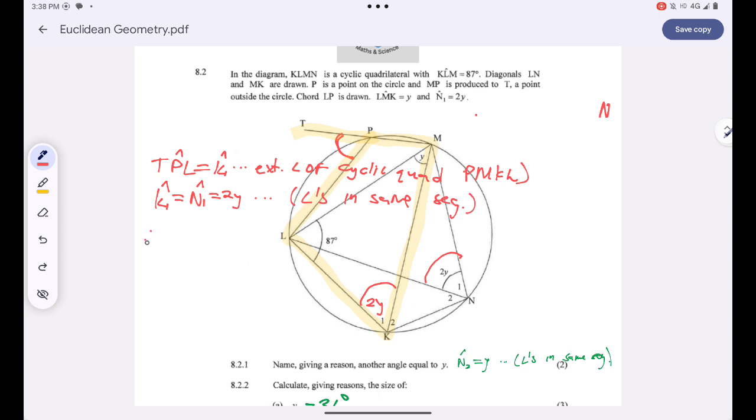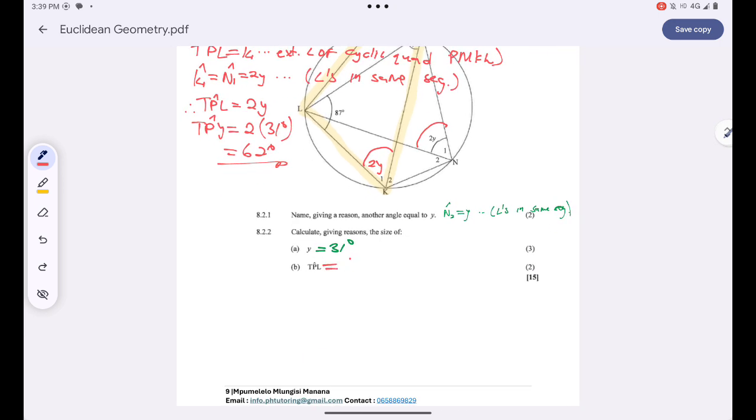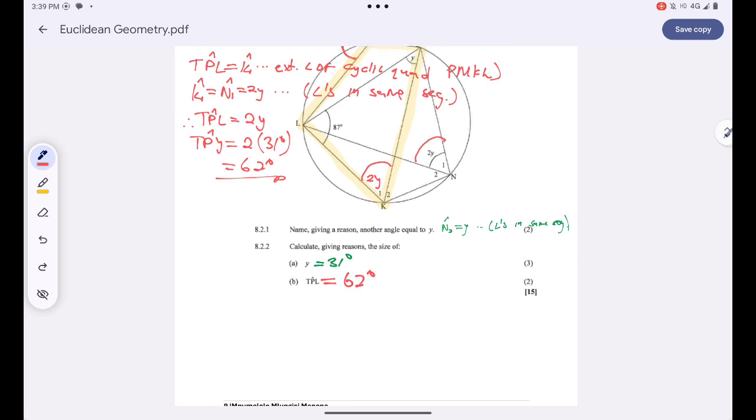So which simply means that angle TPL is also equal to 2y, because both angles are equal to angle N1. But we just found the size of angle y. That's 31 degrees. So it simply means this angle over there is 62 degrees. That's how, guys, we're supposed to tackle this question.